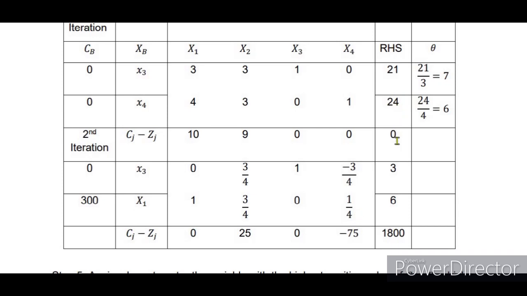And 24 divided by 4 is 6. Now, we will write 300 here because it is the numerical value of x sub 1. Remember in our objective function 300 x sub 1, so we write here the 300.